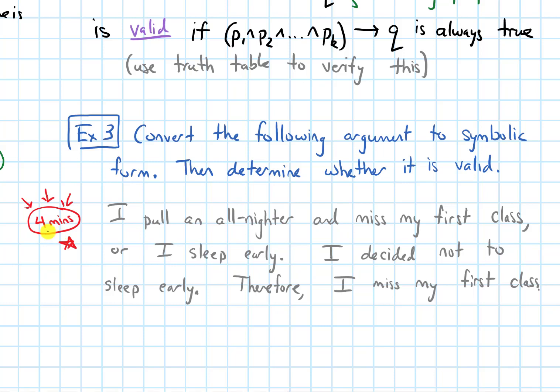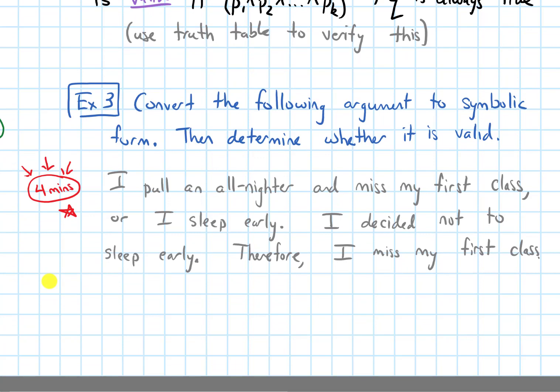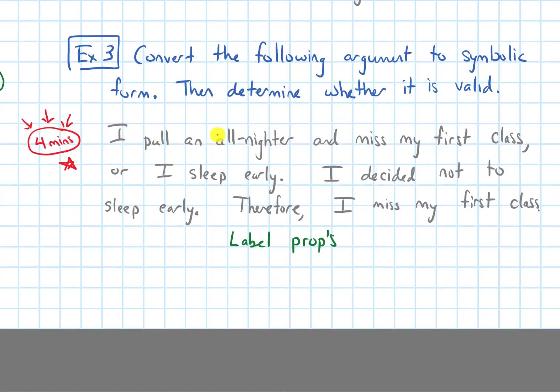Alrighty, so hopefully you paused it for about 4 minutes to try this. So I have this statement in words. I need to convert this to symbols. So let's label our propositions. Looking at this first sentence, there's this matter of I pull an all-nighter.